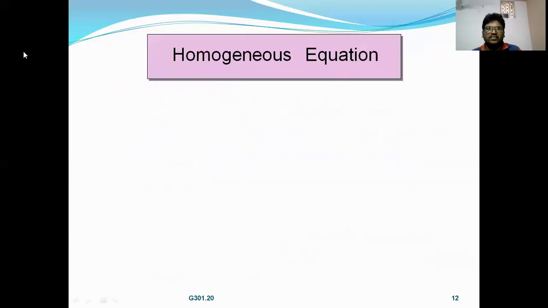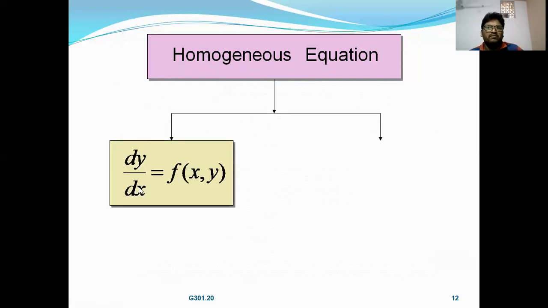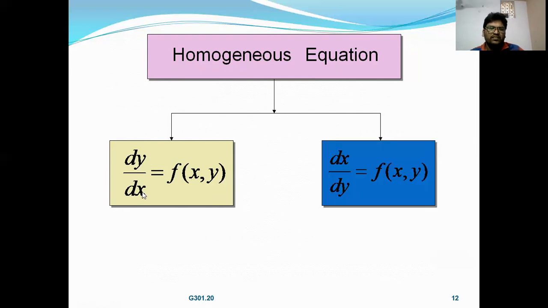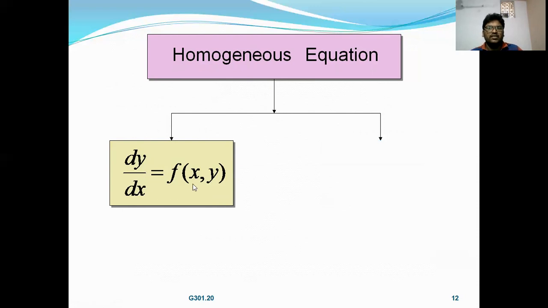Types of homogeneous equations: there are two types of homogeneous differential equations. The first type is dy by dx is equal to f of x comma y. Here we are differentiating the function y with respect to x, and we get f of x comma y.